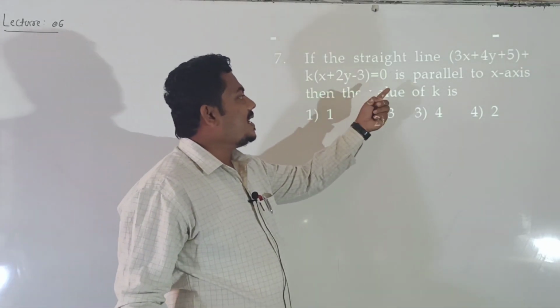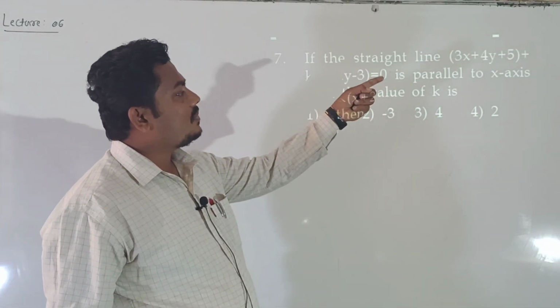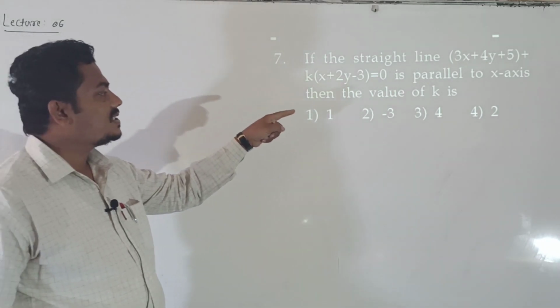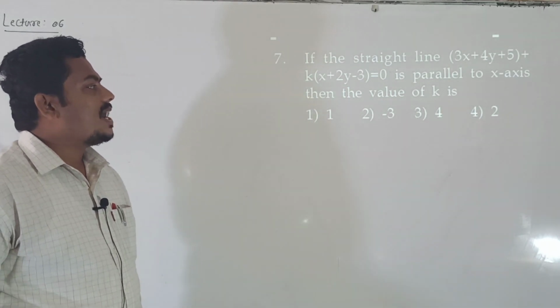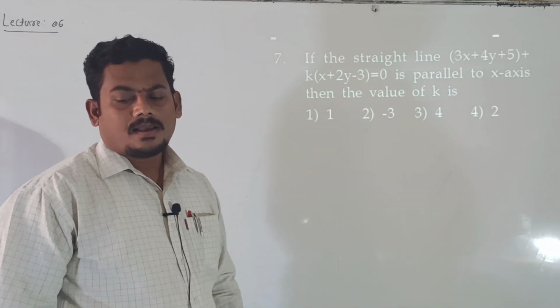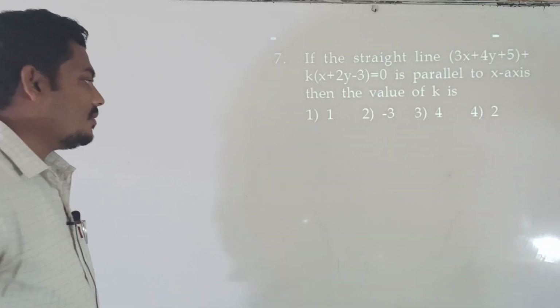If the straight line 3x plus 4y plus 5 plus k into x plus 2y minus 3 equal to 0 is parallel to the x-axis, then the value of k is. I tell you one shortcut formula.